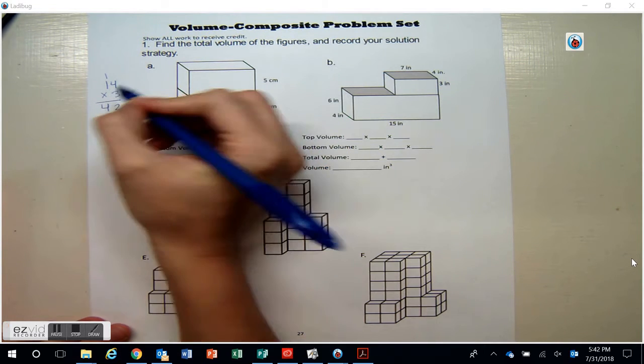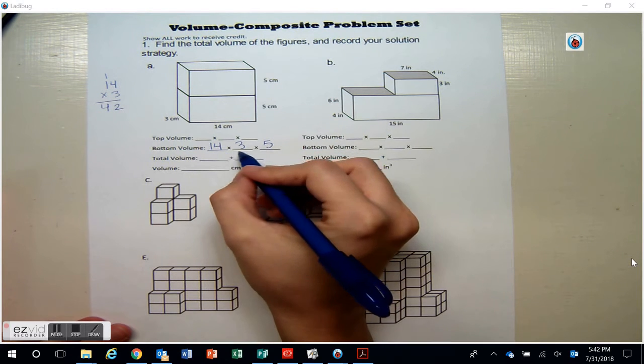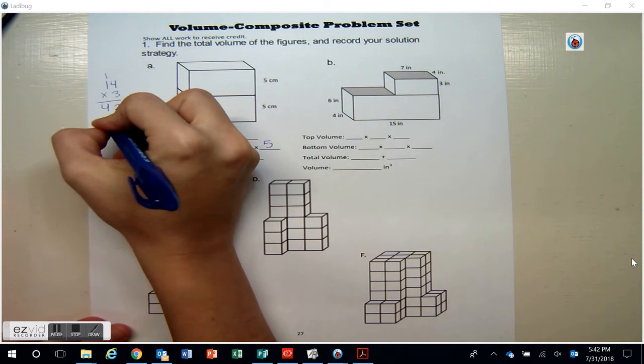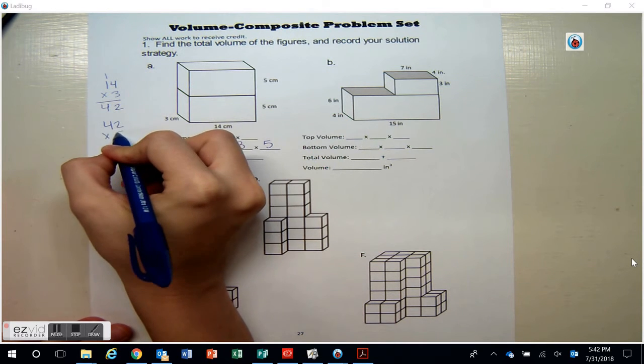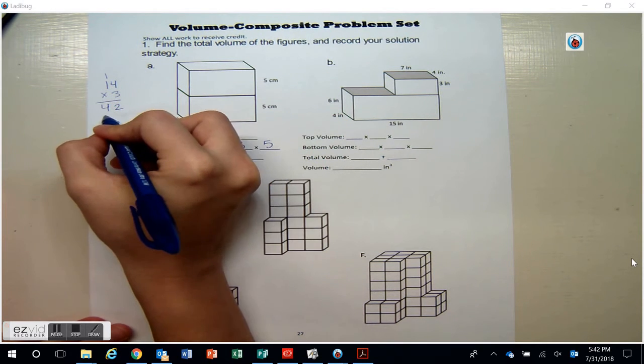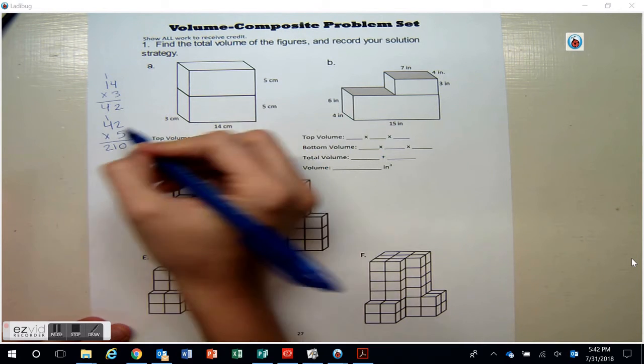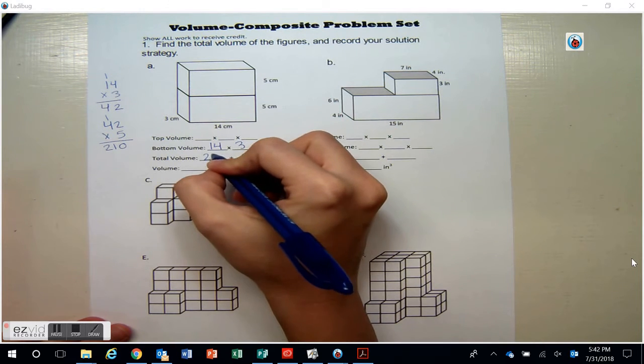So now I have 42 here, and 42 times 5. 5 times 2 is 10, 5 times 4 is 20, plus 1, 21. So I have a volume here of 210.